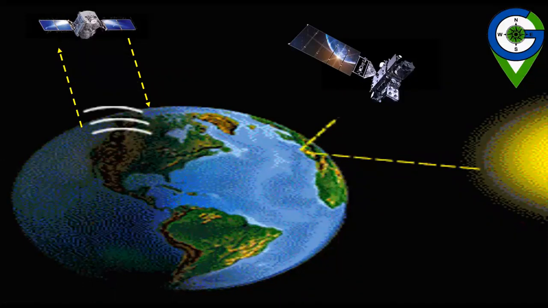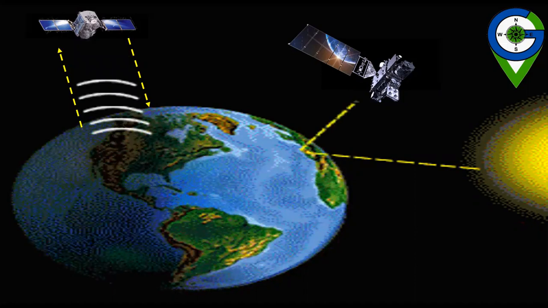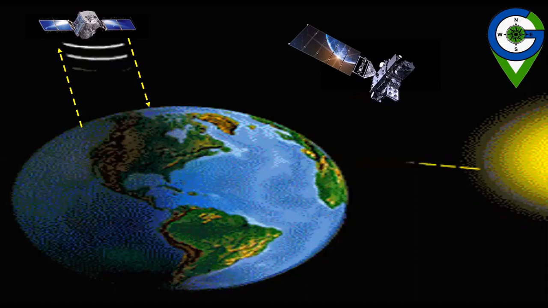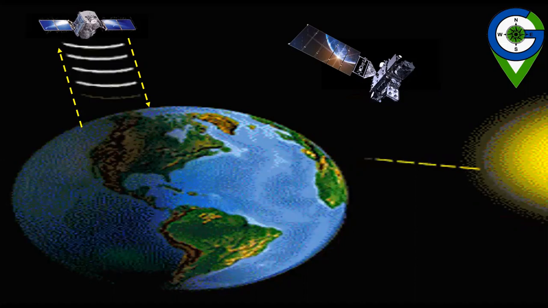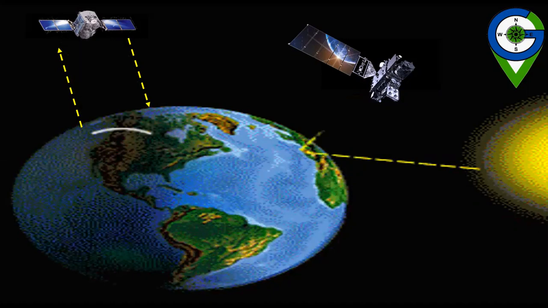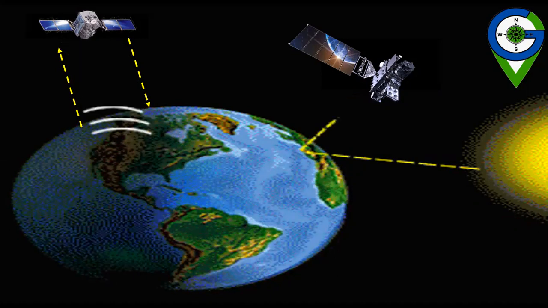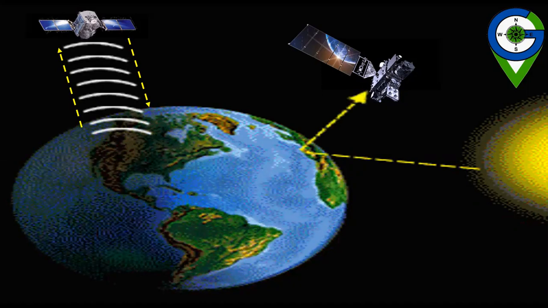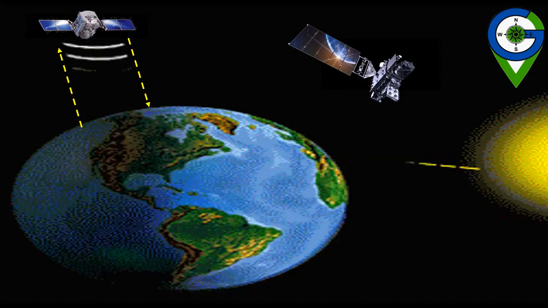For the illumination, the sensor emits radiation which is directed towards the target to be investigated. The radiation reflected from that target is then detected and measured by the sensor.